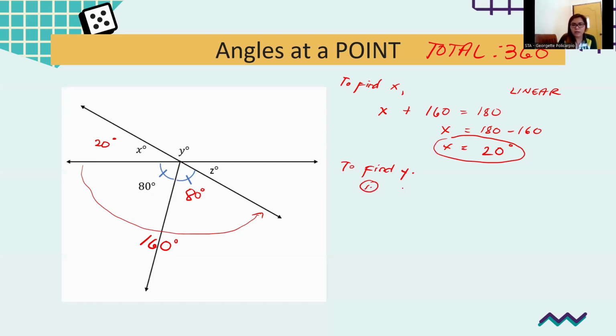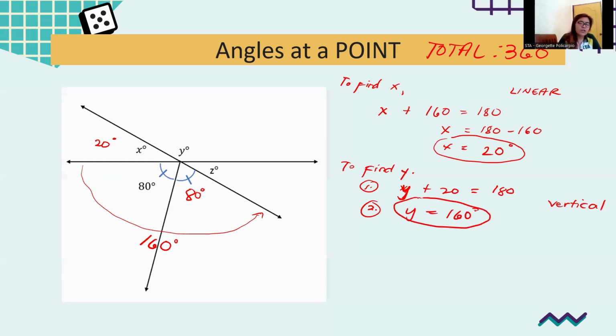Method 1 is to find what number should be added to 20 so that the result will be 180. Or the second, since they are vertical angles and vertical angles are congruent, the shortcut is y equals 160 degrees. Solving it gives the same result: 180 minus 20 is 160.